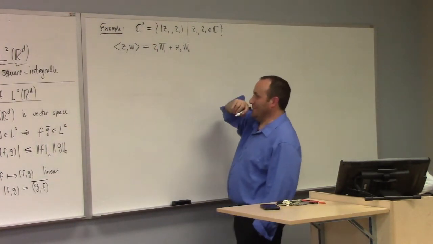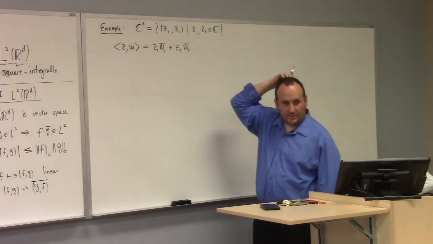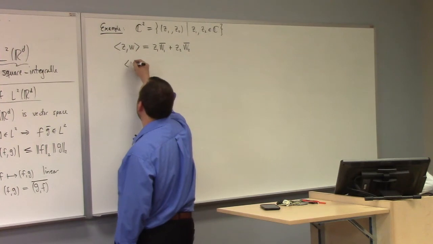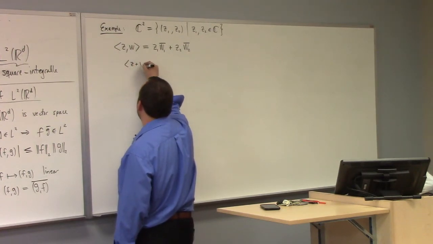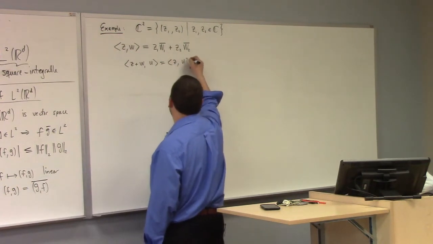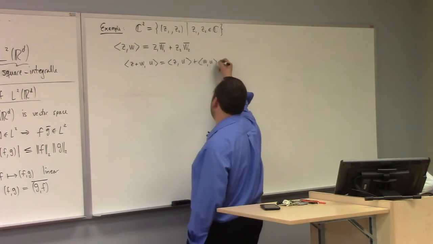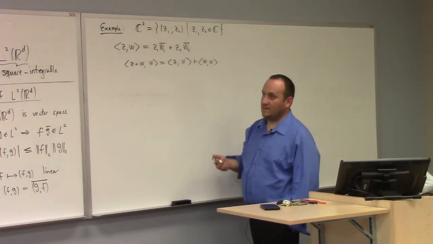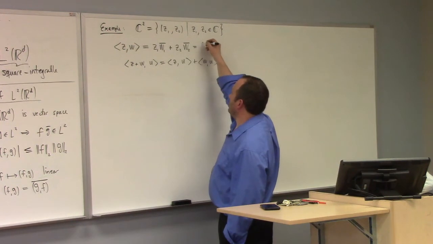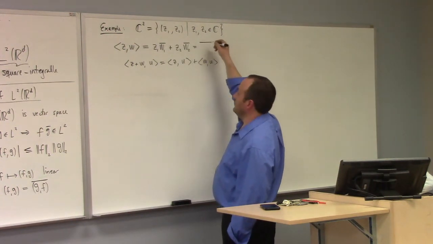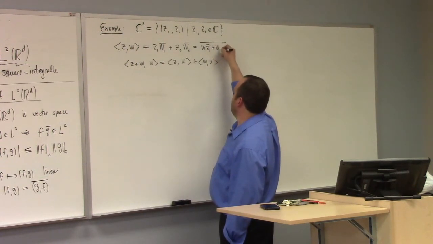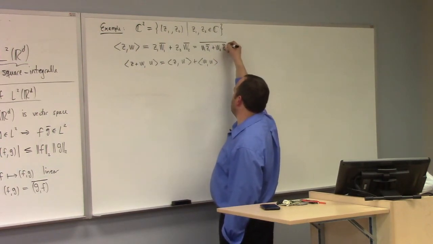So it's not bilinear, it's what's called sesquilinear, because it has the following properties. If we had the inner product of z plus w with u, it's additive in the first spot, but you can see what happens if I switch the order of things. If I take the complex conjugate of the whole thing, I could rewrite this as w1 z1 bar plus w2 z2 bar using properties of complex conjugation.